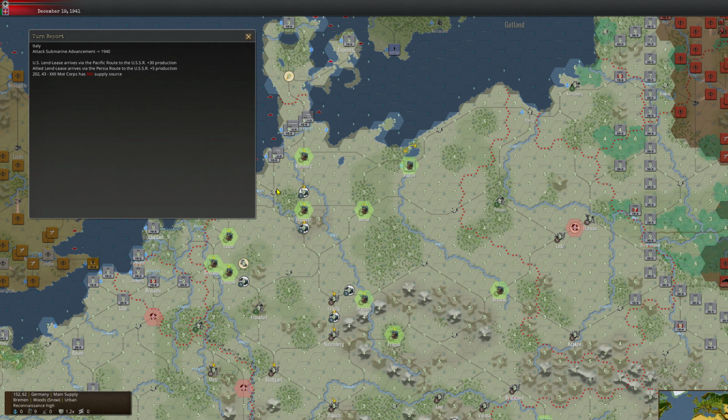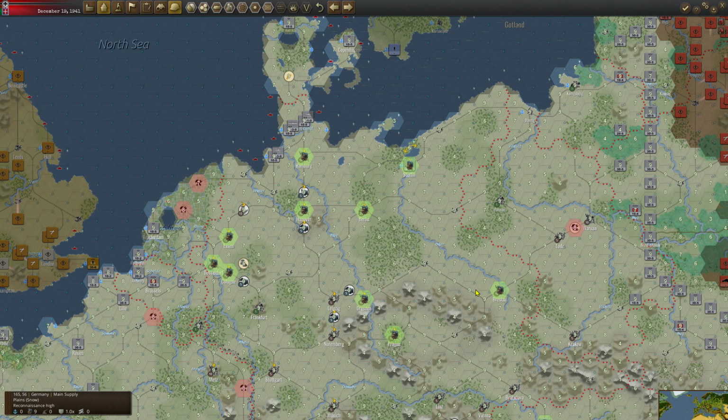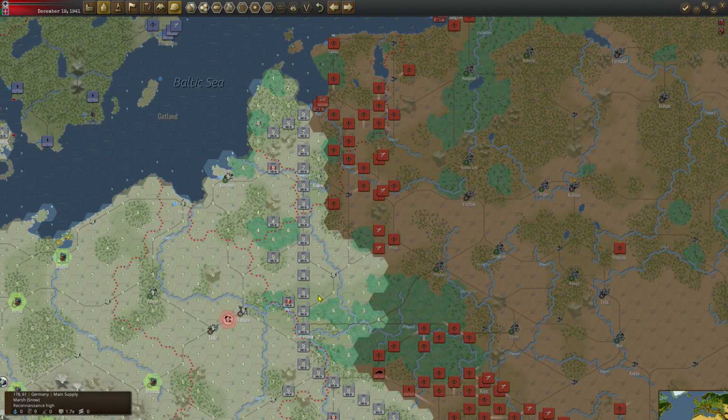But look at how strong he is. He's already got a huge defense in depth here.